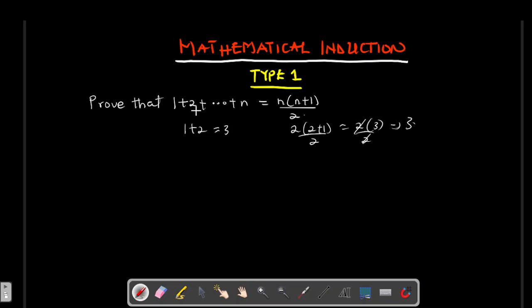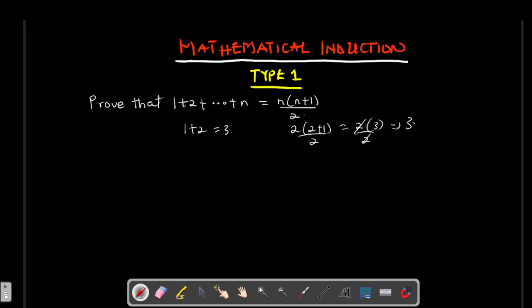So when I added the first two terms, it was 3. On the right hand side, this formula also gave 3, and then I can say that the statement is true. But how sure am I that this statement may not fail when I'm adding maybe 100, 200, 2000, 5000 terms? That is why mathematical induction seeks to close this gap.